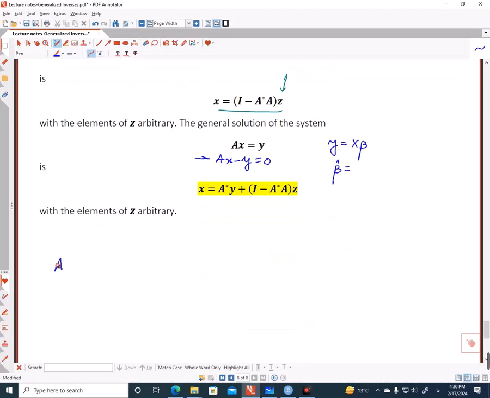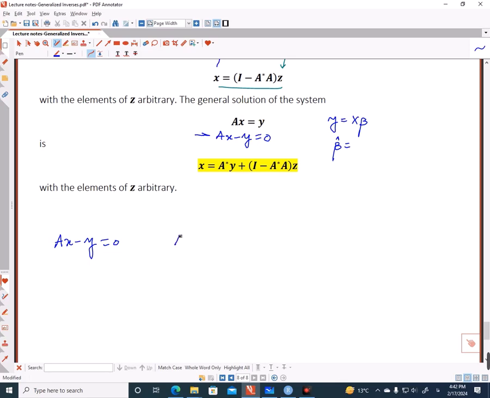So we have Ax minus y equal to 0. Also remember, when A star is the generalized inverse, we have A star A equal to A. So here, instead of the identity matrix, I can write A star. So from Ax minus y equal to 0, we can write Ax minus A star y equal to 0. Then our prefactor matrix A, here x minus A star y equal to 0.